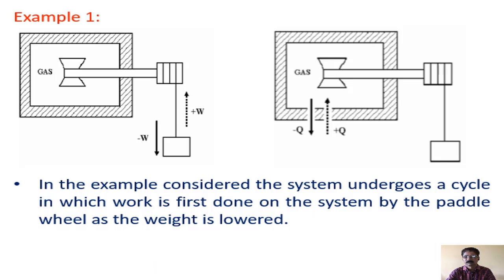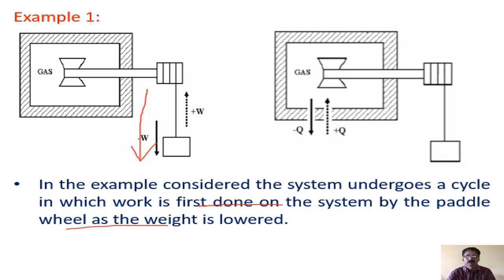In the example, a system undergoes a cycle in which work is first done on the system by the paddle wheel as the weight is lowered. So you have to bring this weight downwards, right? Then the shaft rotates, so the paddle wheel also rotates. So you are transferring work into the system. Now this is negative work because work is done on the system as the weight is lowered.